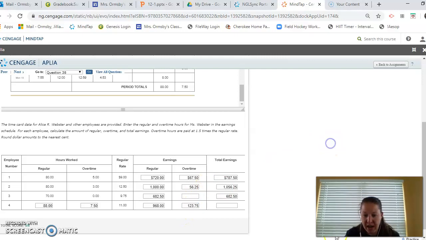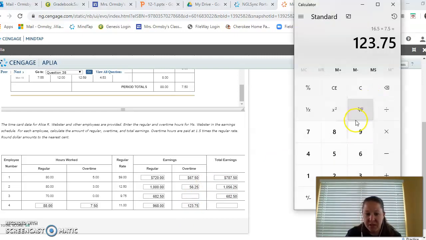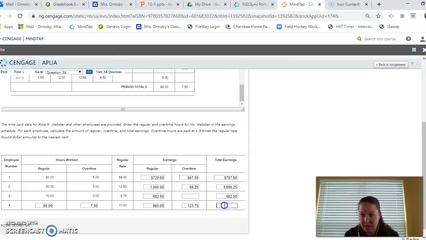We're going to add those two together. So $123.75 plus $968, and that gives us $1,091.75. So now we have left the total earnings for each one of our employees for that pay period.